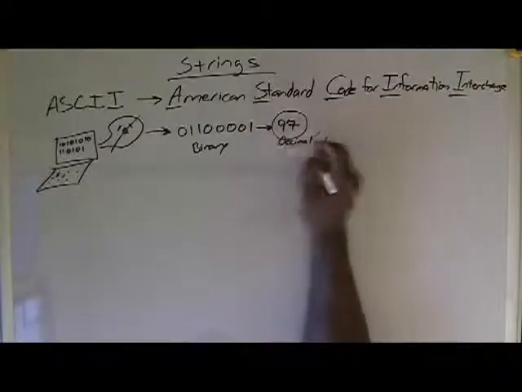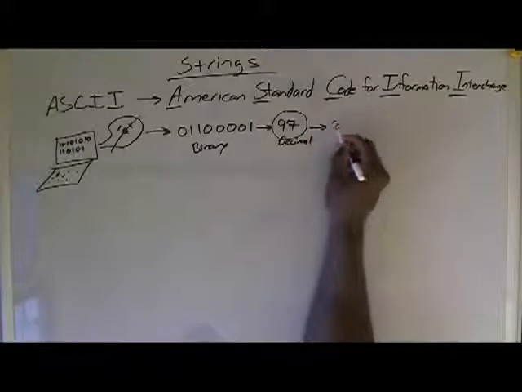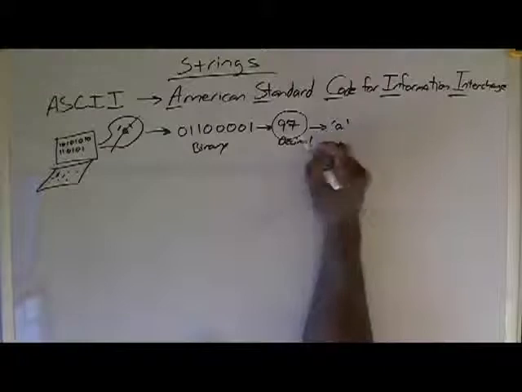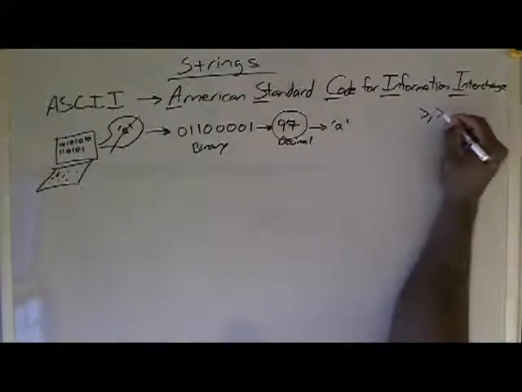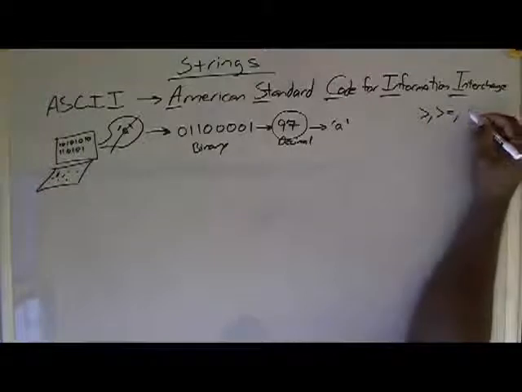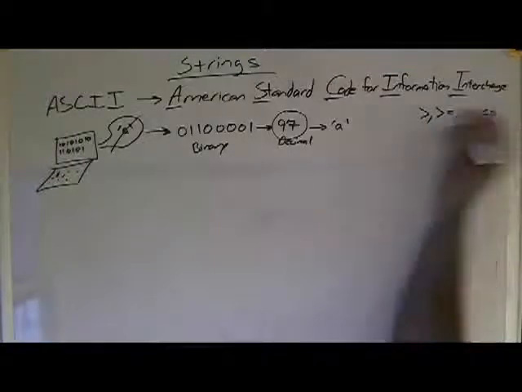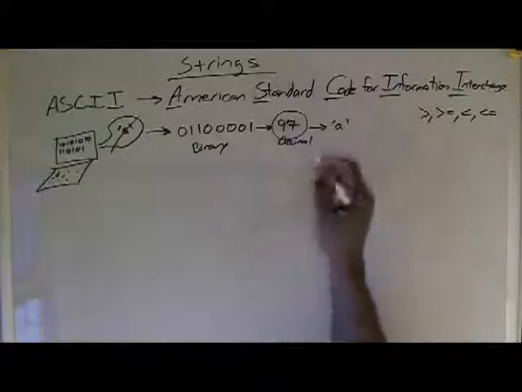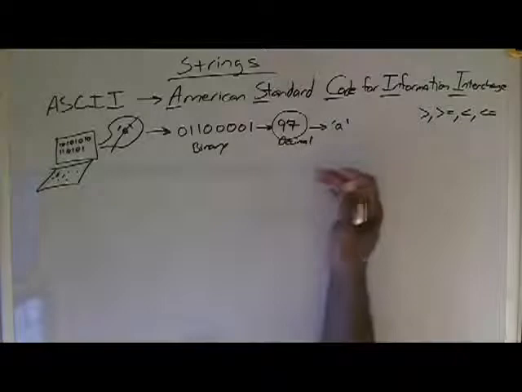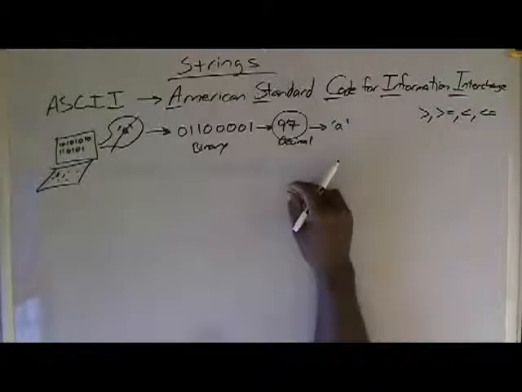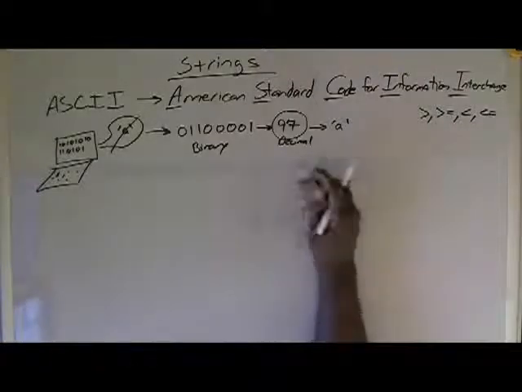So the letter lowercase a in the computer is represented by the number 97. This is what you really have to know to get back to our question of how do you compare strings. So let's look at some ASCII codes and how they work, and then I'll show you the table, and then we'll go to MATLAB and I'll show you how they play out in MATLAB.